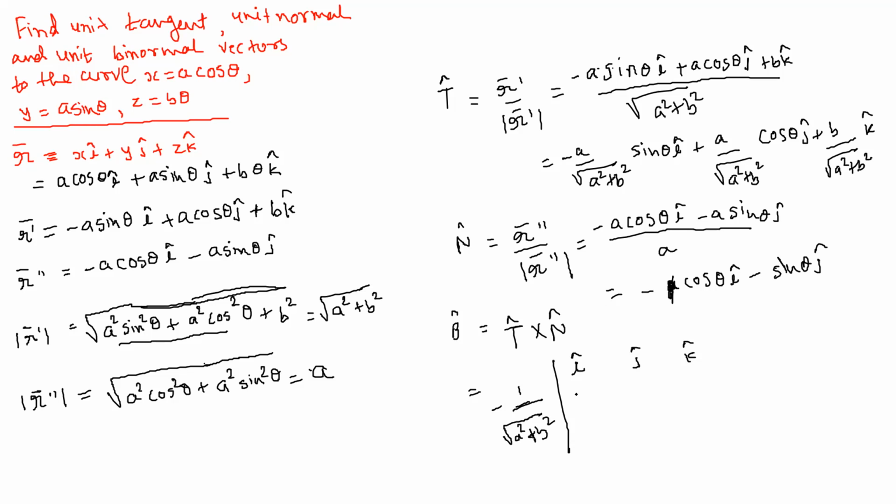Now give me the rest of the terms: minus sin theta, cos theta, b. Third row: minus cos theta, minus sin theta, 0. Now find out the cross product.